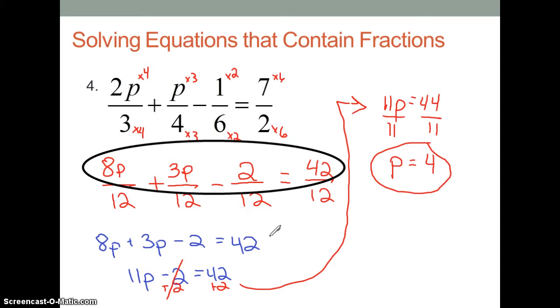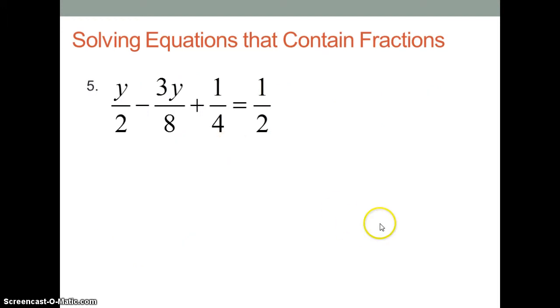So if you plug this 4 into each of these p's, your final answer will be 7/2. So in this one, a good trick is to find your common denominator, and then when you have all the same denominators, only look at the top numbers, only look at the numerators.